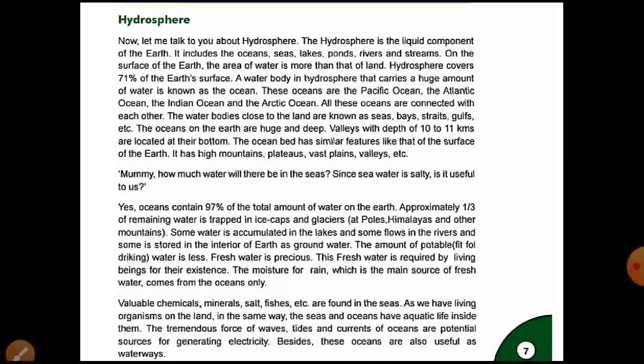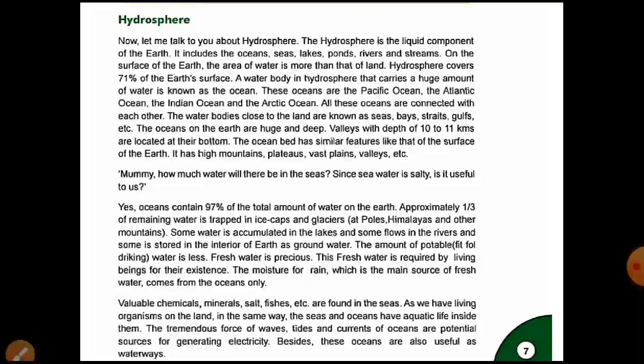A water body in the hydrosphere that carries a huge amount of water is known as an ocean. We all know there are a total of 5 oceans. Not a small amount of water, but a huge amount of water, which is known as the oceans.